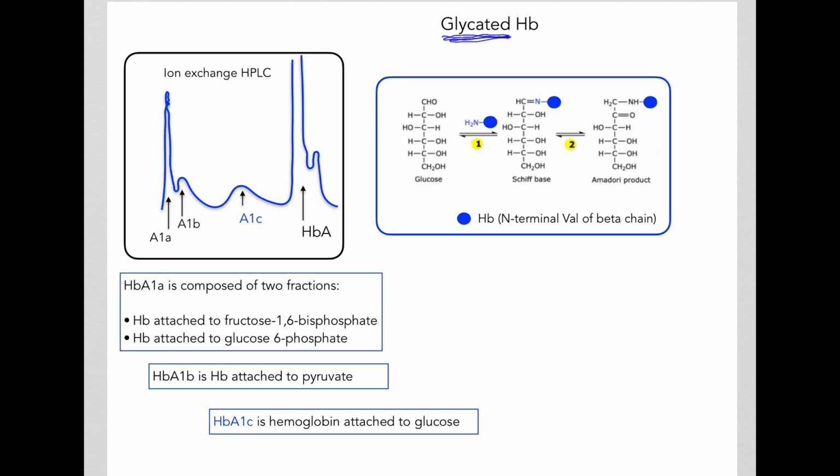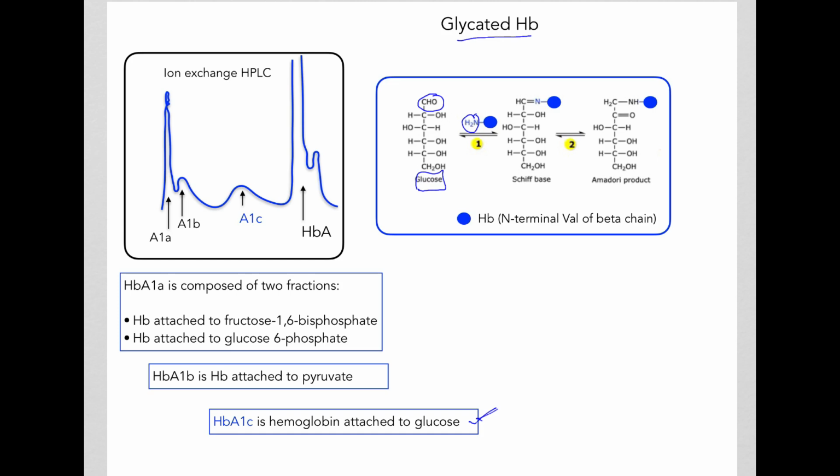So if you look at HbA1c, this is the hemoglobin to which glucose is attached. The reaction that forms glycated hemoglobin, for example A1c, is a reaction between the aldehyde group of glucose and an amine group on the hemoglobin.